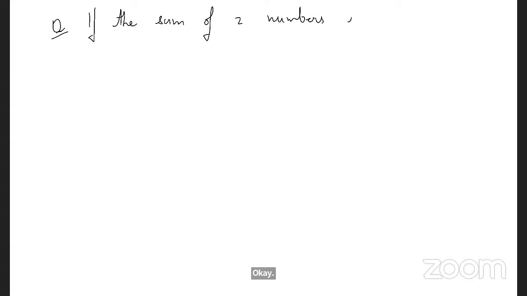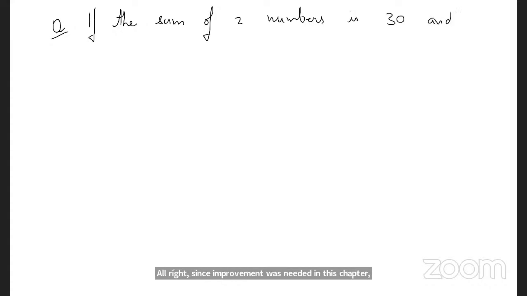This is not from your textbook, these are some extra practice questions. Since improvement was needed in this chapter, I wanted to try out some more questions with you. This is from the fourth to the sixth chapter.